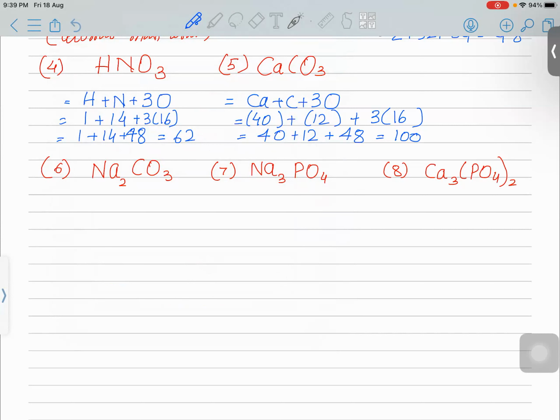Sir, for Na2CO3, it's going to be 2Na plus C plus 3 times O. 1 Na is 23, so 2 times 23, plus carbon is 12, plus oxygen is 16, so 3 times 16.